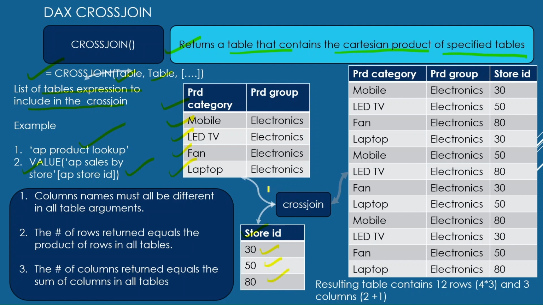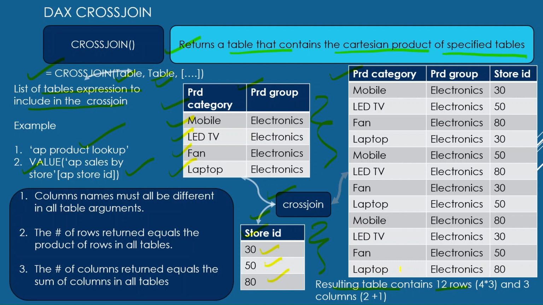Whenever we do a cross join between these two tables, if we put this table name and here this table name, the cross join will happen, and this table will be created. So this table is the Cartesian product of this table and this table, and the resulting table contains 12 rows.